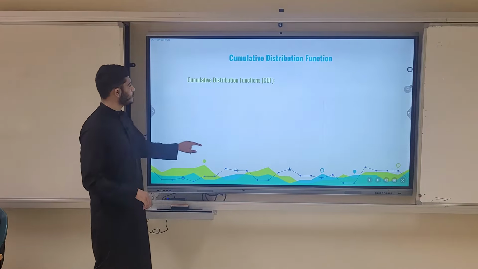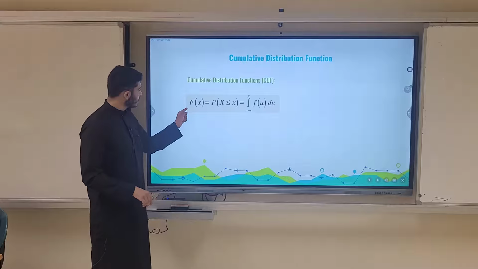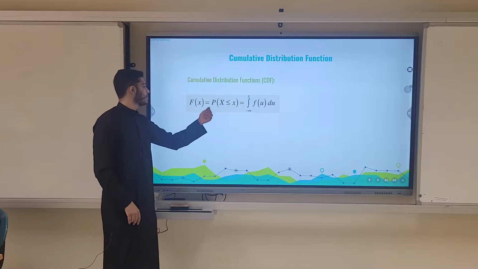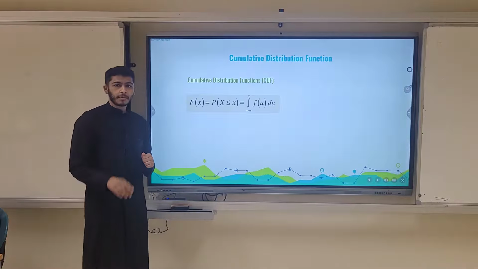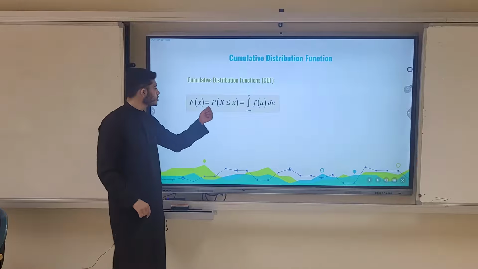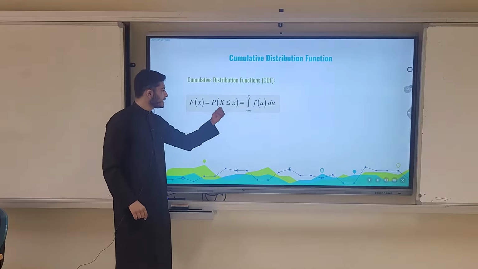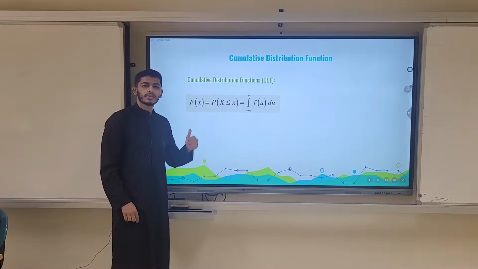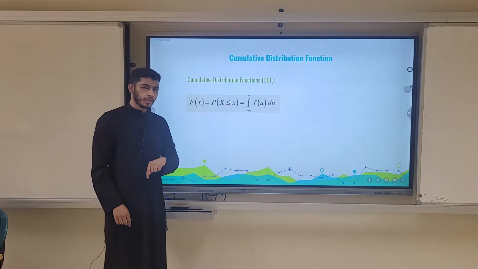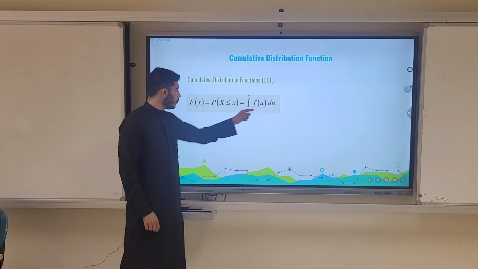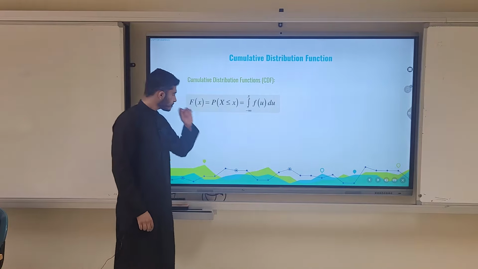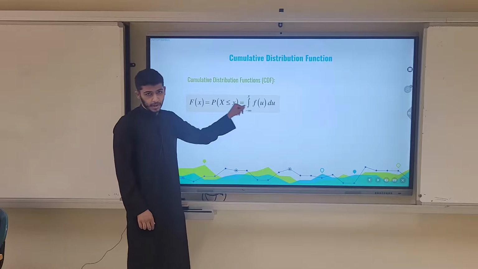The cumulative distribution function has the same notation, capital F of x, and it is the probability of capital X less than or equal to small x. Remember the last property? We can also say that the probability of capital X less than small x is also cumulative because of the property, remember? Here is the formula for it. And here it tells you to integrate from minus infinity.